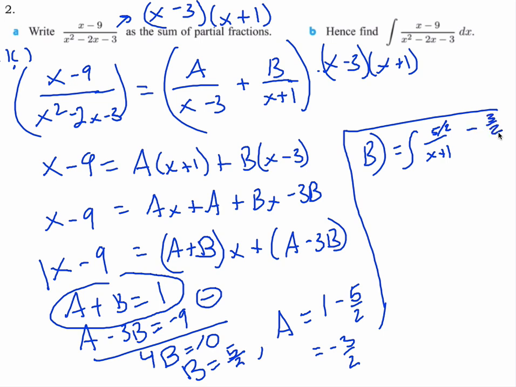Minus 3 over 2 over x minus 3 dx, and then that integral is going to be 5 over 2 ln of absolute value of x plus 1 minus 3 over 2 ln of absolute value of x minus 3 plus c.